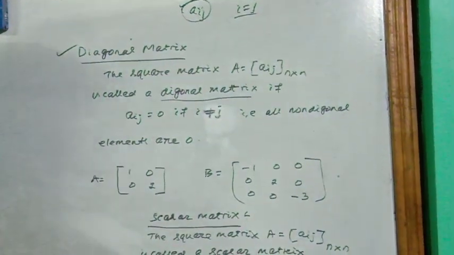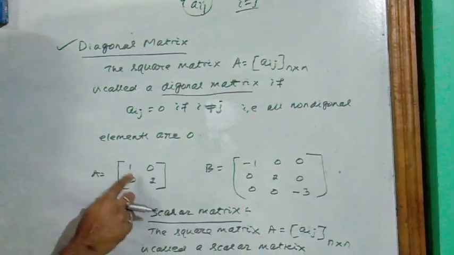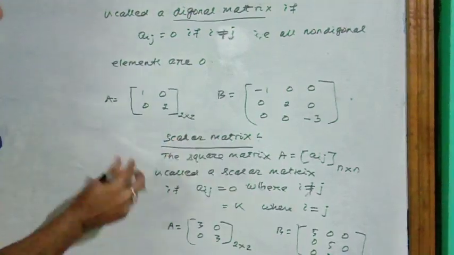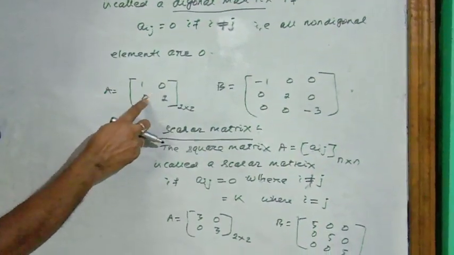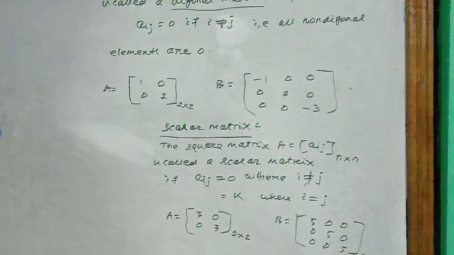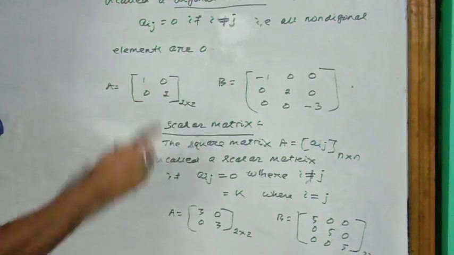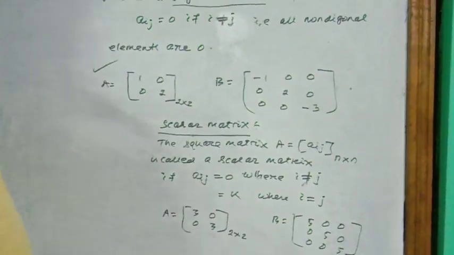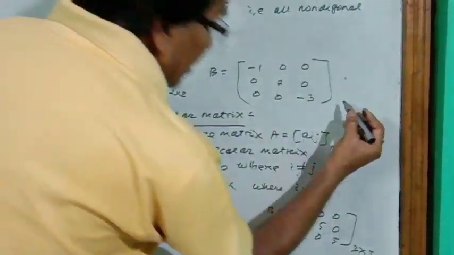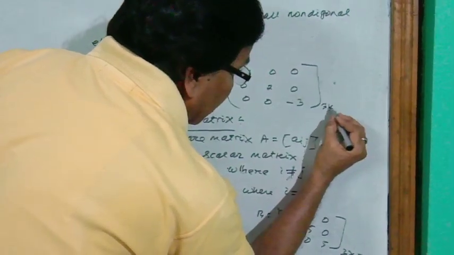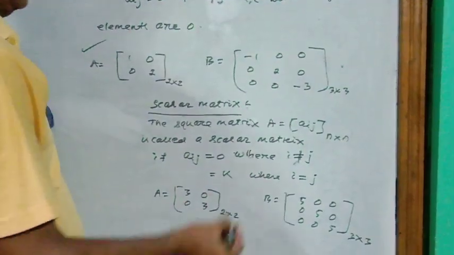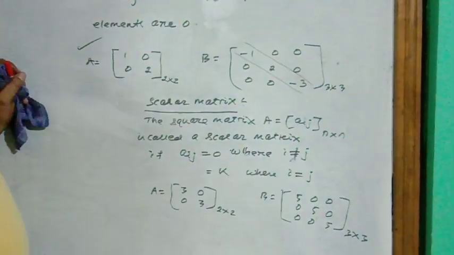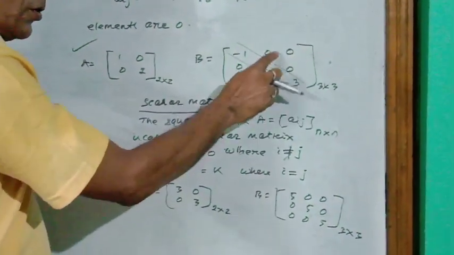So here you see that we will take the case of a square matrix of order 2 cross 2. Non-diagonal elements are 0, 0 and diagonal elements are 1, 2. So it is the case of a diagonal matrix. Similarly, if I take another square matrix of order 3 cross 3, the non-diagonal elements are 0, 0, 0.